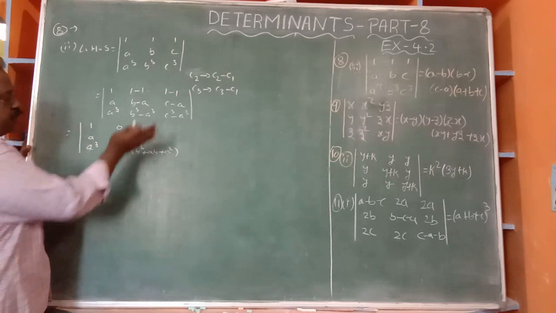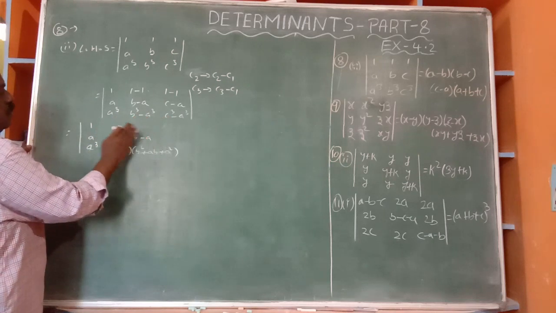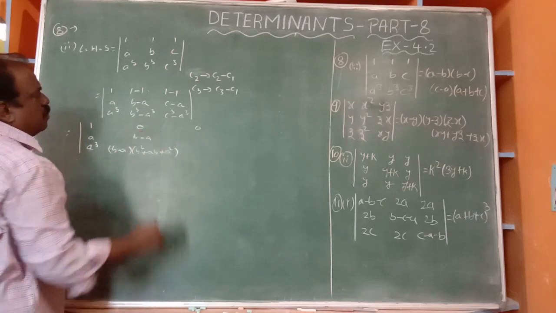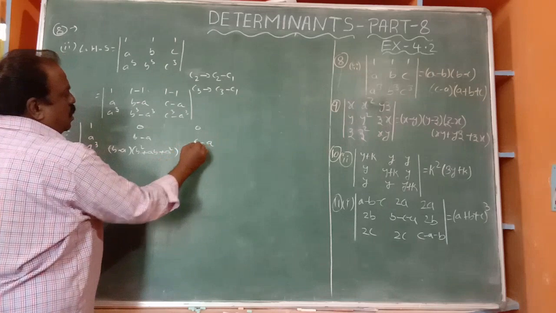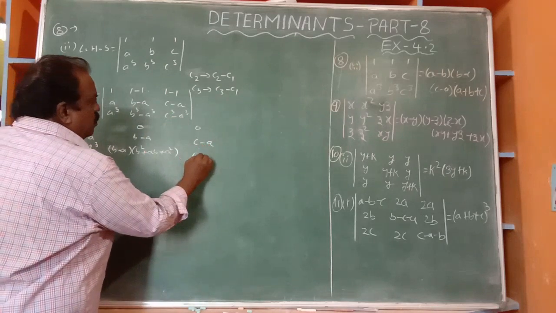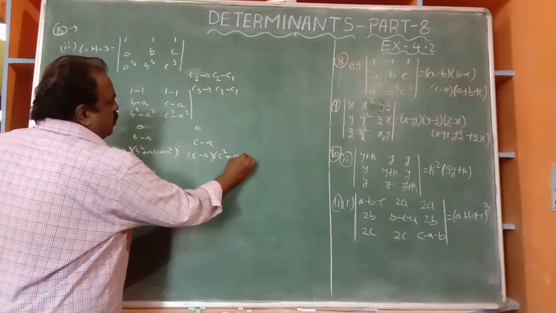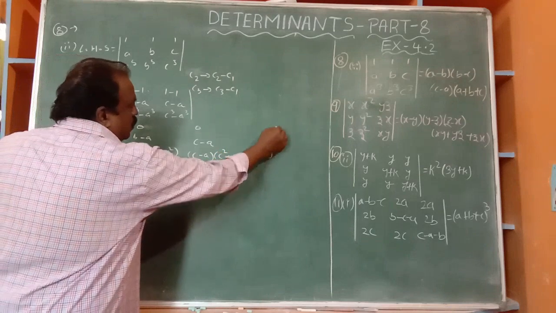Third column also 1 minus 1 is 0, then C minus A, and here C cube minus A cube means (C minus A)(C square plus AC plus A square).